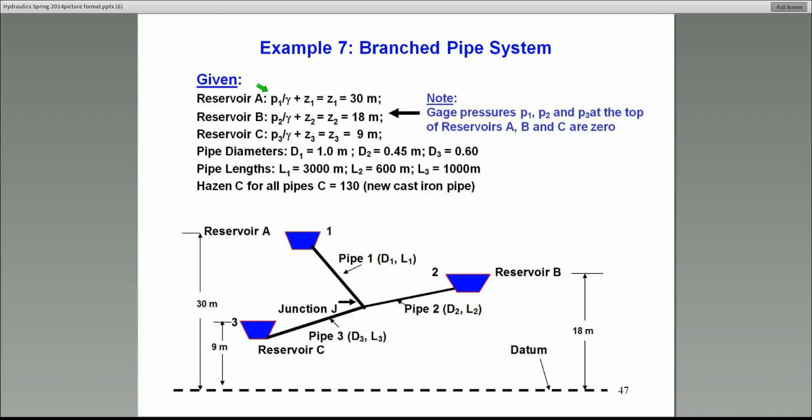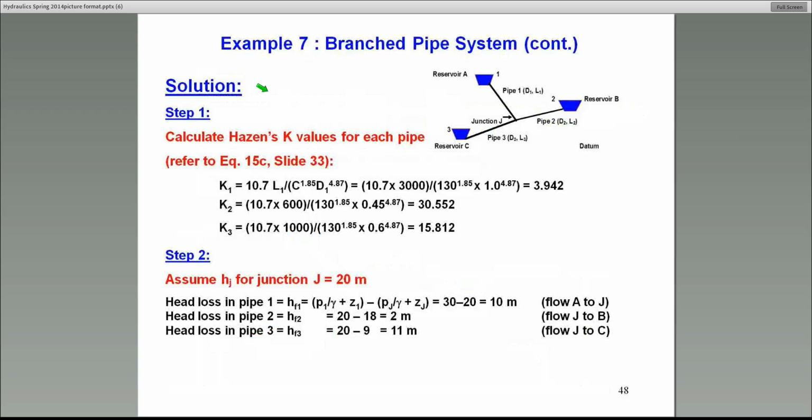Next one is, how did you get ZJ of 20? I'm assuming that refers to the same slide. Let's look at this problem. I think he's referring to this junction. I'm assuming a hydraulic head at junction J of 20. Remember, I'm not assuming ZJ is 20; this is the combined value of P over gamma plus ZJ.